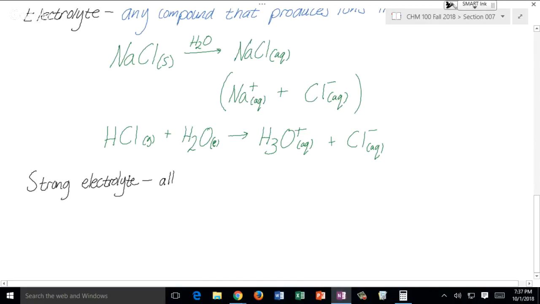We'd say a strong electrolyte completely dissociates into ions in solution. So it completely splits apart and forms ions.